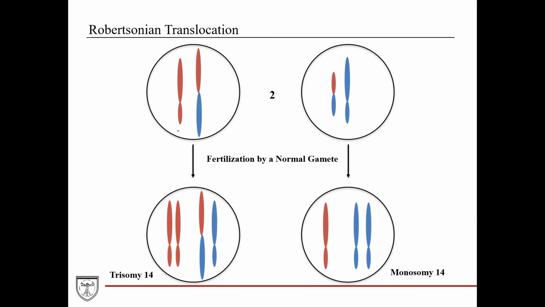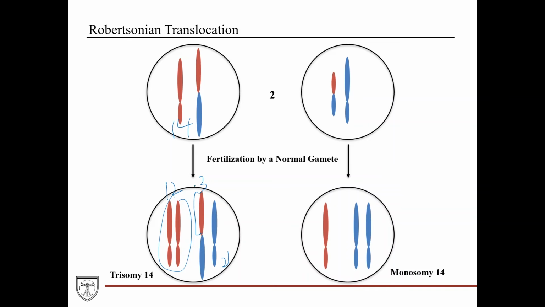Now the second combination. So you have this normal 14 with the fused long arms, fertilized with a gamete that has a normal 14 and a normal 21. So you'll have 2 copies of a normal 14 chromosome, and then you have 1 copy of a 21. Now what happens is you actually have 3 copies of 14 because this long arm is essentially the same as a full chromosome because this short arm isn't as important because it contains that repeated information.